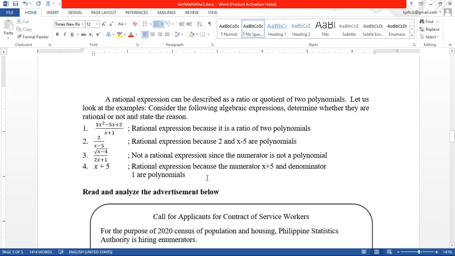So it has an imaginary 1 as the denominator. It is a rational expression because the numerator x plus 5 and the denominator 1 are polynomials.